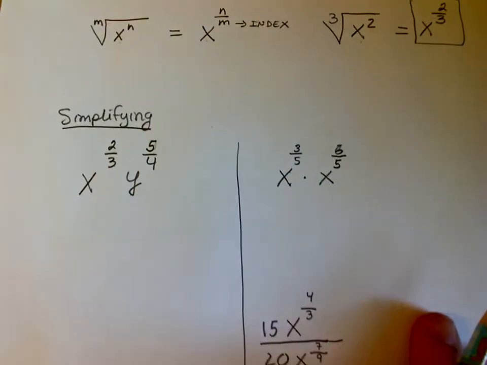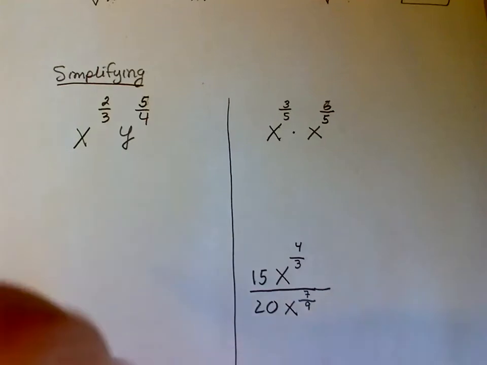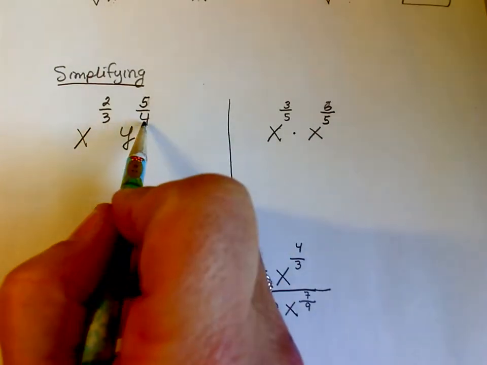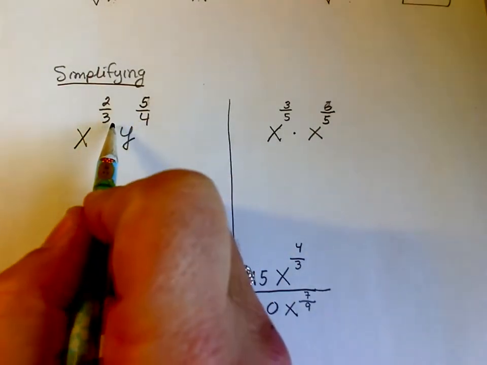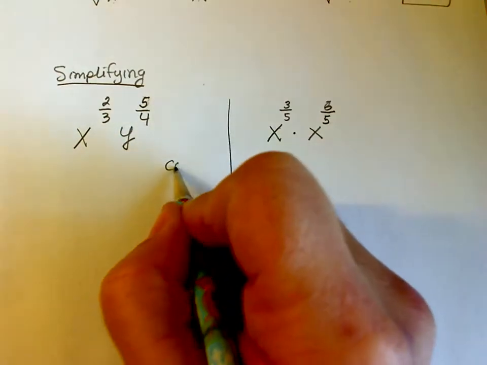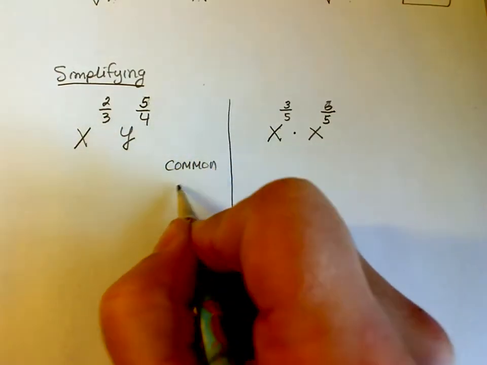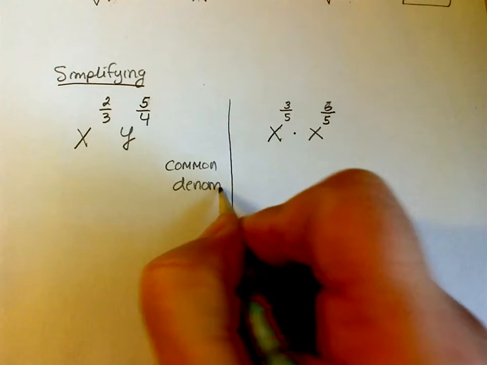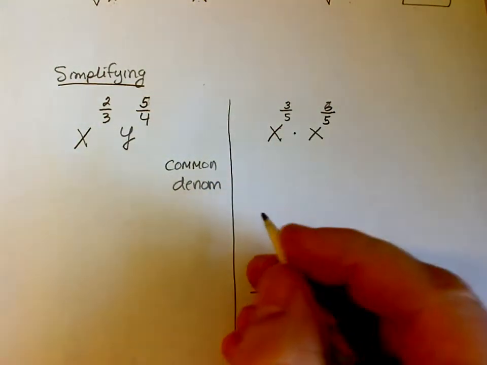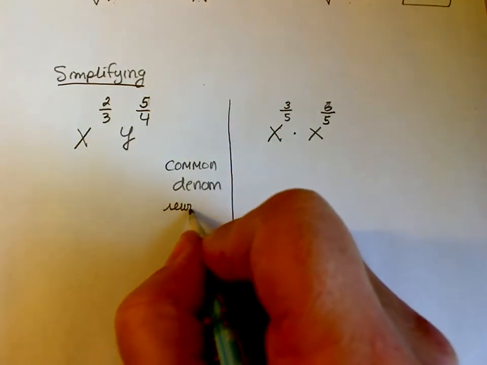Another type of example on simplifying is when you have a rational exponent with different denominators. So the concept is to find a common denominator. Once you find the common denominator, we'll then rewrite as a single radical.